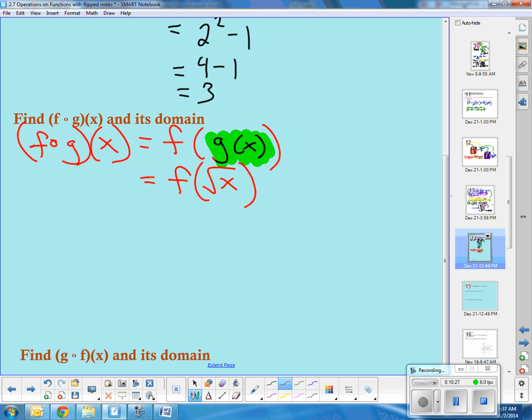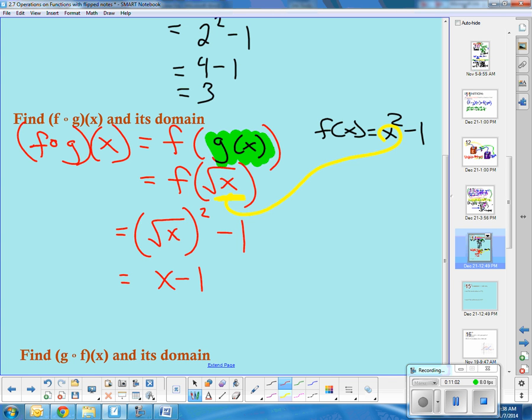And so now I want to take this square root of x and put it into the function. Recall that f of x was defined as x squared minus 1. So now this input right here is what I'm going to put in there. So this becomes the square root of x squared minus 1, equals x minus 1.